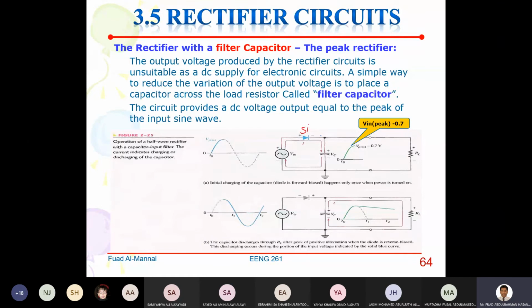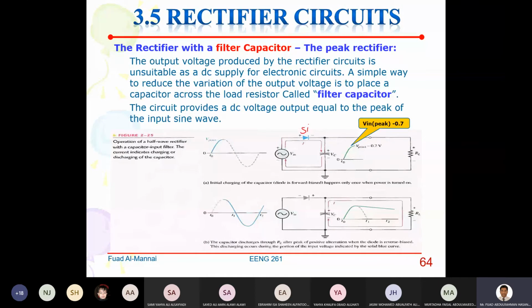And then what will happen? The capacitor will charge. The capacitor will charge to what? To Vin max minus, of course, 0.7, because I'm dealing with the silicon diode here.